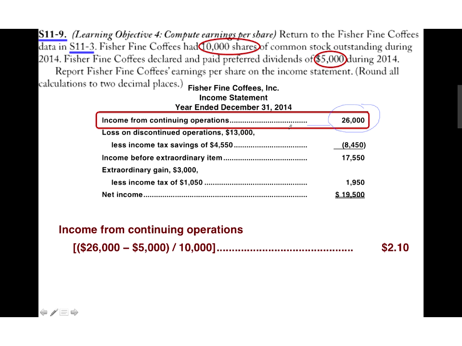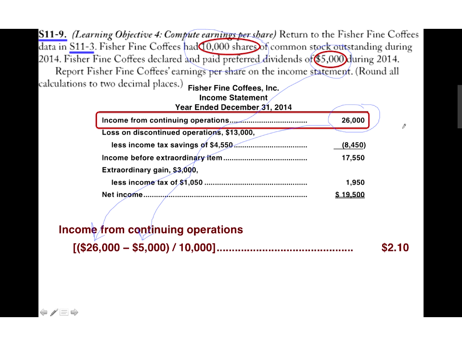So we have that $26,000 in our formula. So we take our net income minus our preferred dividends. That's given to us in the problem as $5,000. So we're subtracting. So we're using that basic formula, and we're divided by the number of shares that we're given in the problem, which is 10,000. So we get $2.10 as our earnings per share for that first line item.